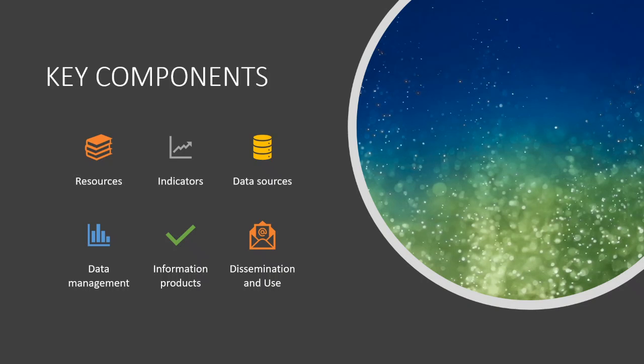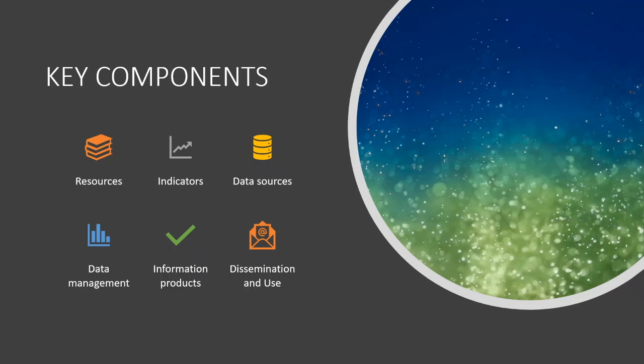Now, before moving on, we need to know further about the key components of the health information system. Basically, there are 6 key components for a health information system. The first one is the resources: the legislative, regulatory, and planning frameworks required for system functioning.